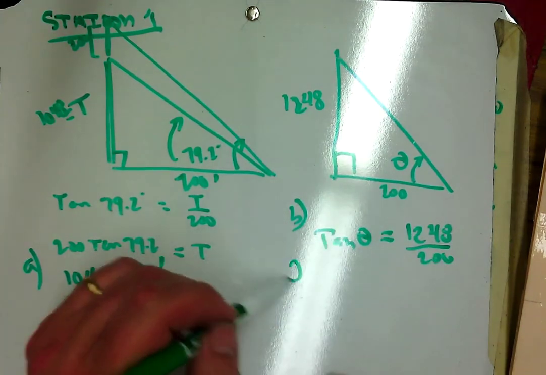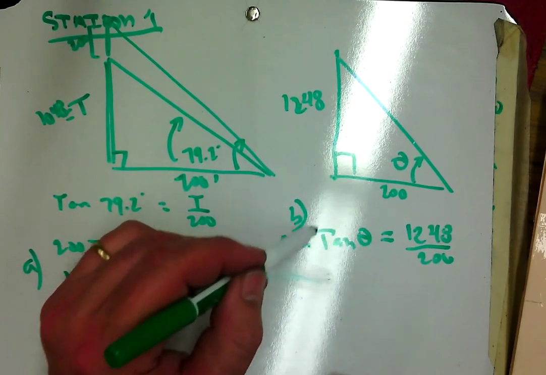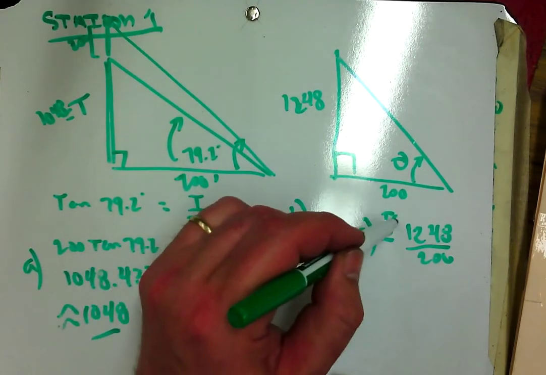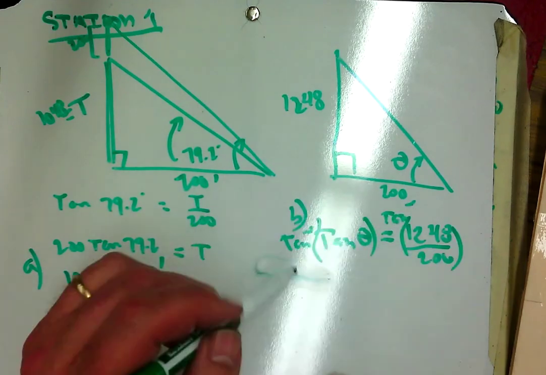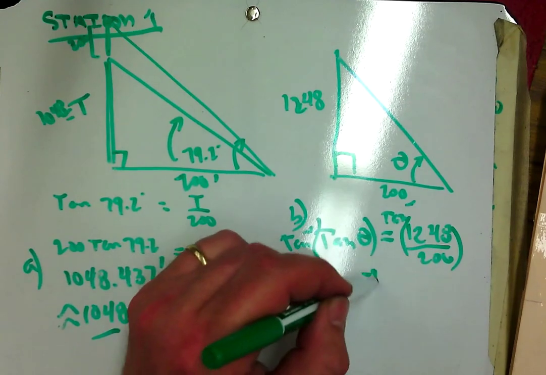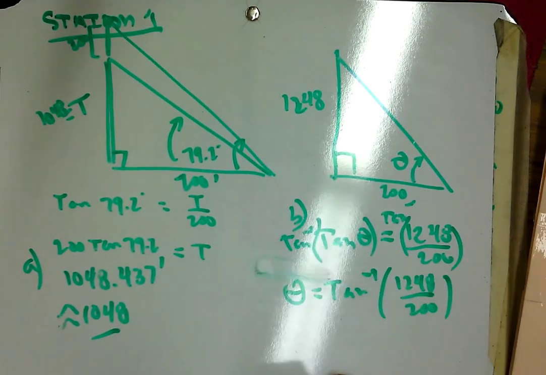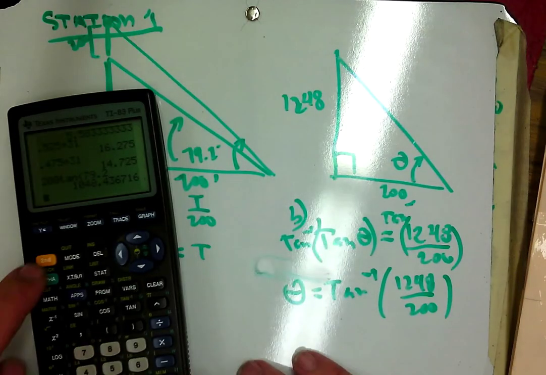And if I'm solving for theta, remember, I need to do the tangent inverse of both sides. So theta equals tangent inverse 1248 over 200. Let's ask our calculator what that'll be.